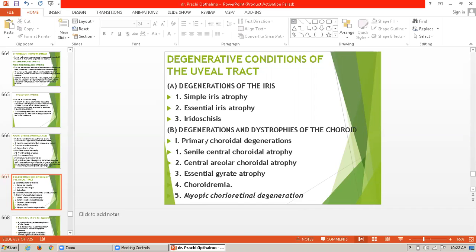And in the B, that is degeneration of the choroid. In that first one is a primary choroidal degeneration.